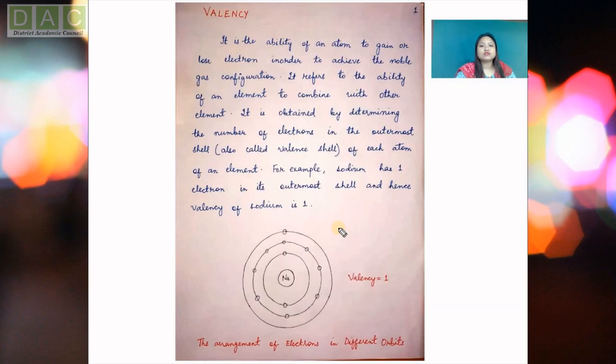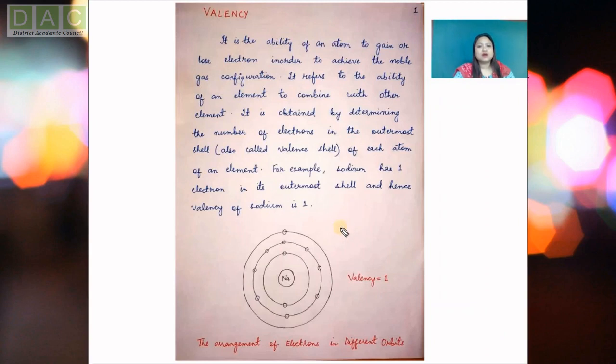Before we discuss this valency, let us talk about electrons. What are electrons? As we can see in the diagram I have given here, electrons are negatively charged subatomic particles which are arranged around, or outside, the nucleus of an atom.